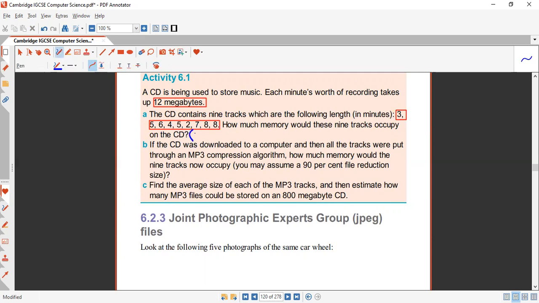Your method was fine as well. We can first add all the minutes: 3 plus 5 plus 6 plus 4, then 5, then 2, then 7, and then 8 plus 8. And after addition, just multiply the entire sum by 12.